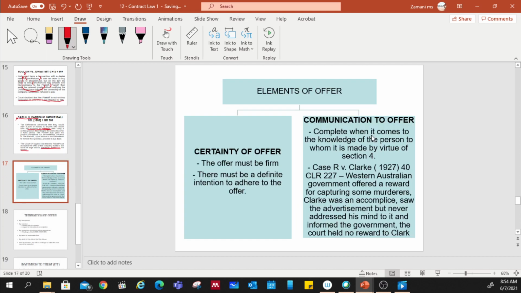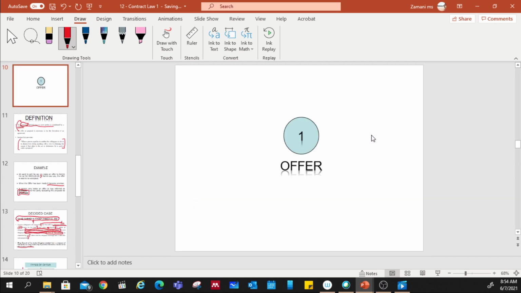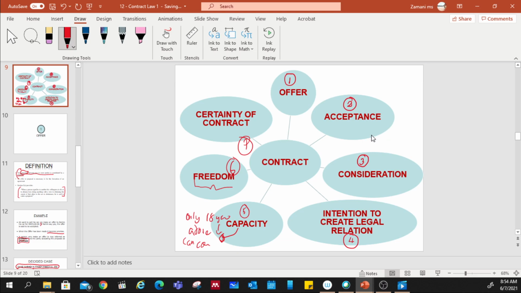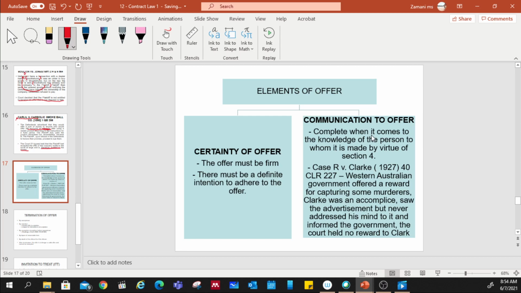So for the elements of offer, the first one is about the elements of the contract. Then you have the elements of the offer. What are the elements of the offer? You have the certainty of the offer. The offer must be firm, and there must be a definite intention to adhere to the offer.